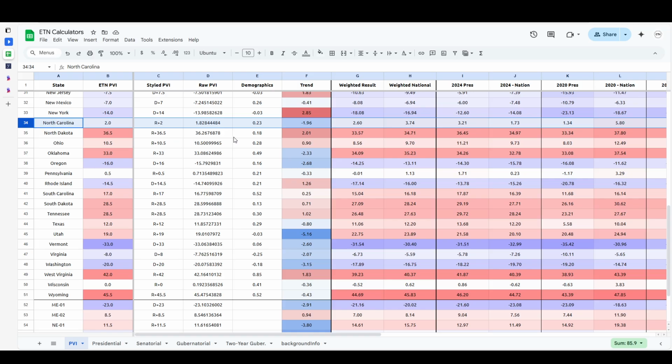North Carolina is a left trending state. As of right now, it appears that it actually will be a Democrat leaning PVI next cycle. But it only voted 1.75 points to the right of the nation in 2024.